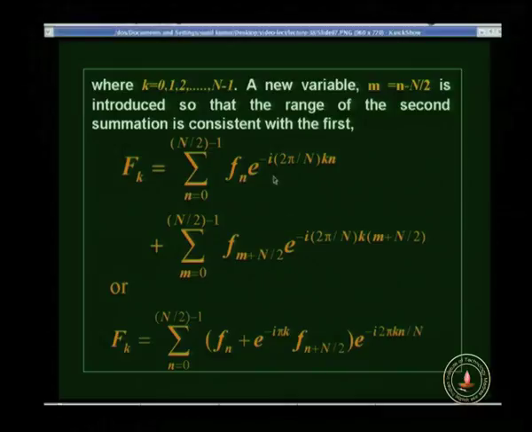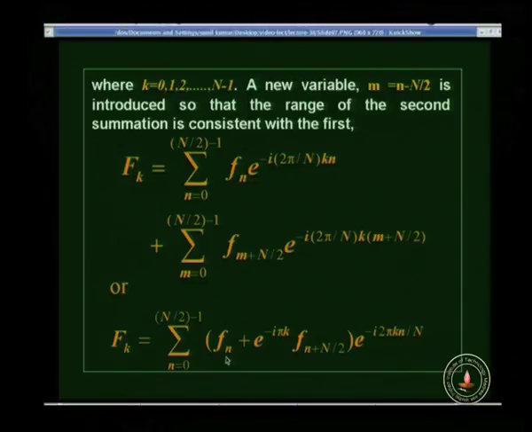Okay, that's the difference. And now we have 2 pi by N times k times m plus N by 2. We have to change a variable here. So instead of the sum going from n equal to N by 2 to N minus 1, we have made it go from 0 to N by 2 minus 1, so that these 2 limits of the sum are the same. And now I can combine these 2 and write it in this fashion.